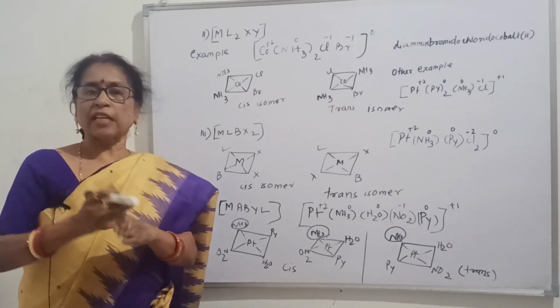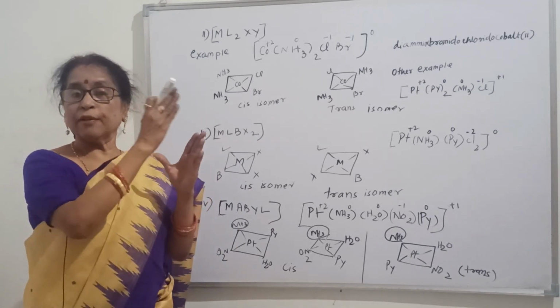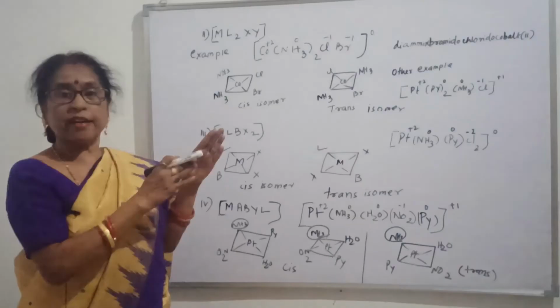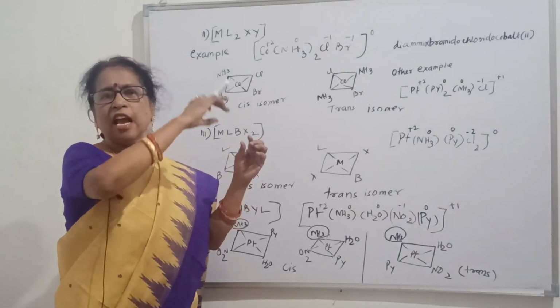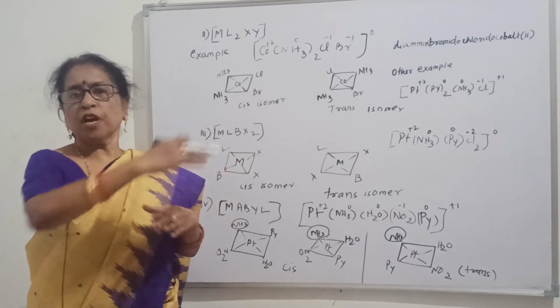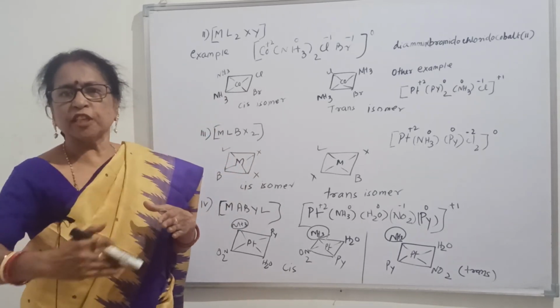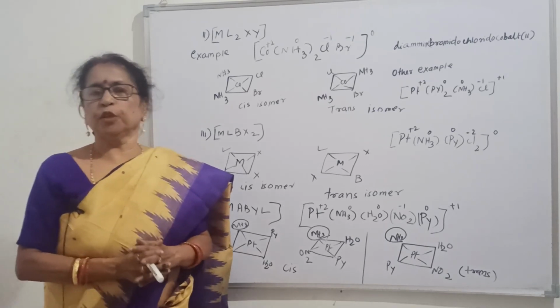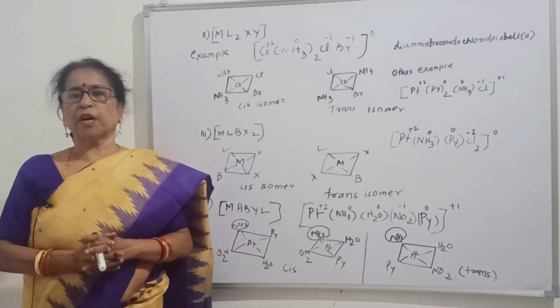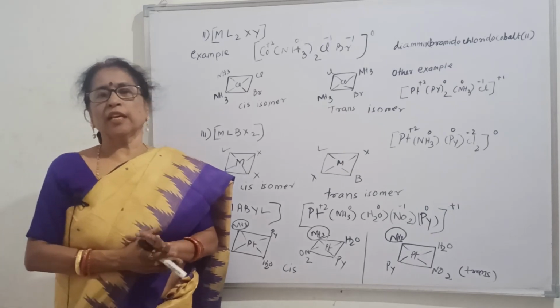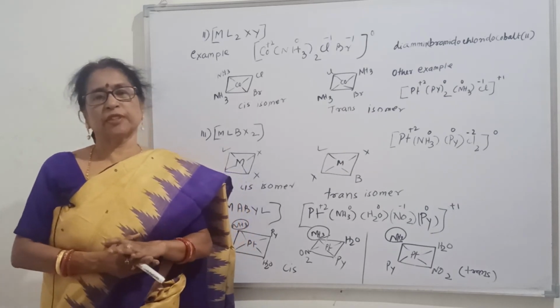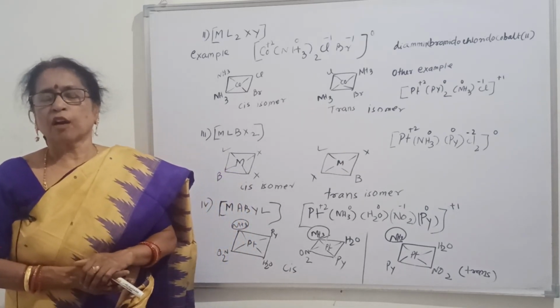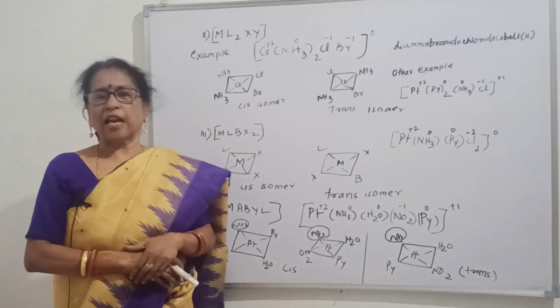And for the third one, the trans isomer, if ammonia and nitro are adjacent, again I will write ammonia and nitro in opposite or diagonal positions to act as a trans isomer. I hope it is clear to you, and that is coordination number 4. What square planar complexes are possible? There are 4 types of square planar complexes. One by one I have explained.